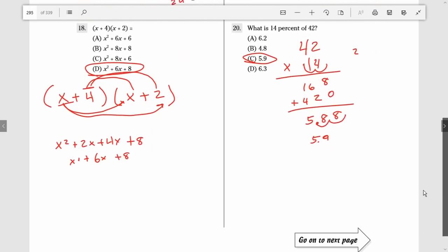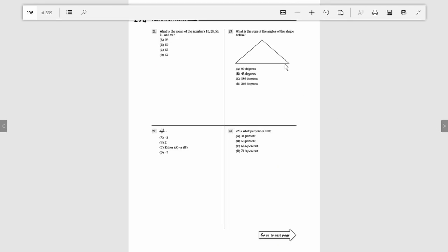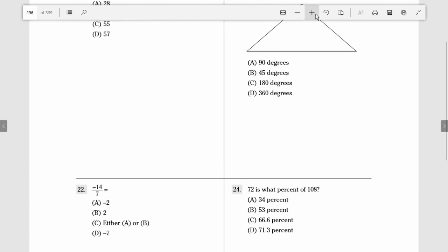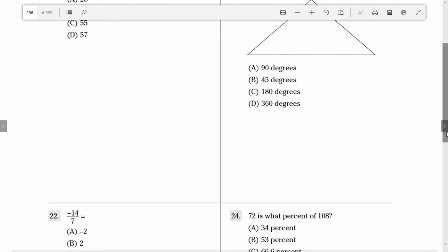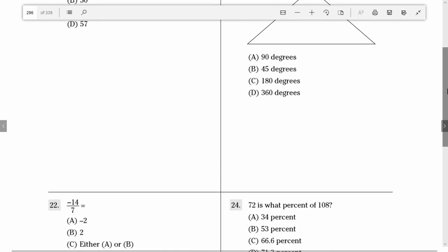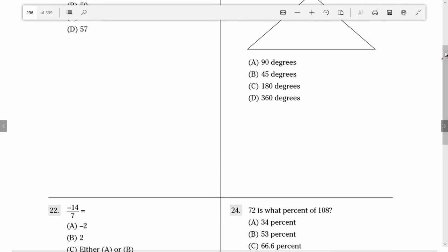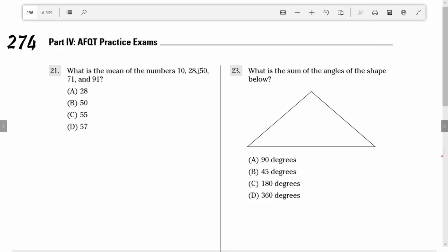Okay. Next page. What is the mean of 10, 28, 50, 71, and 91? Again, the mean looks like this.